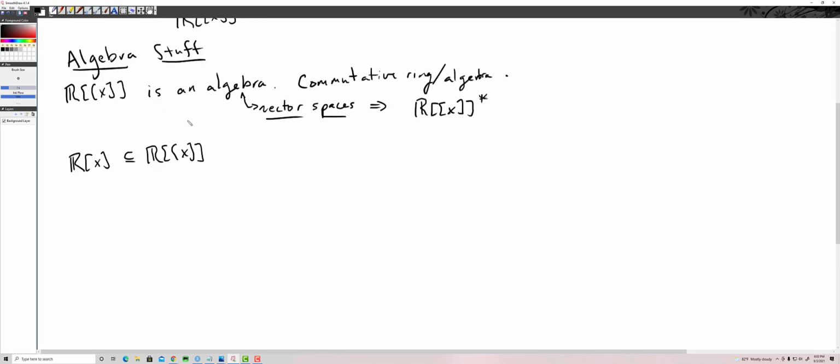And really, the way that I write this, this is the set of stuff that looks like this, finite, with coefficients in R. And here's the set that looks like this. So it's pretty clear that this is a subset of the ring of formal power series.